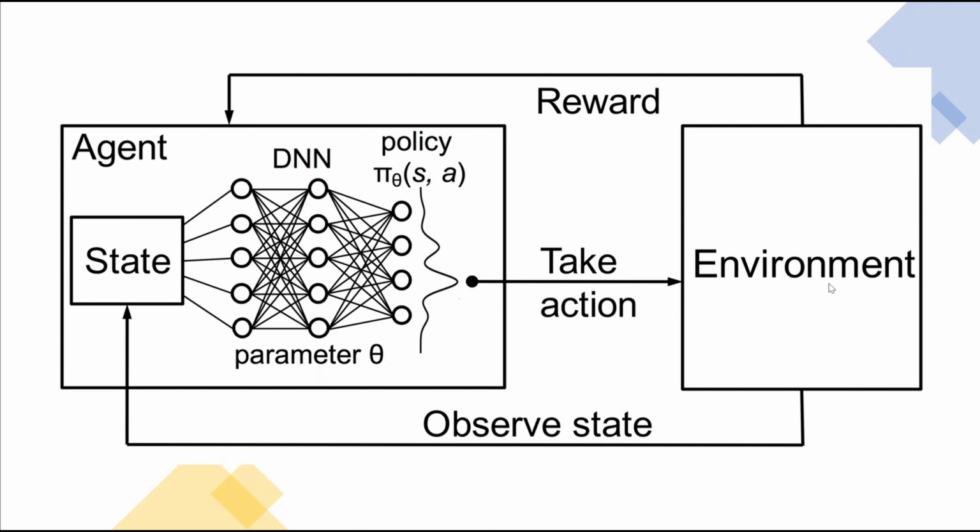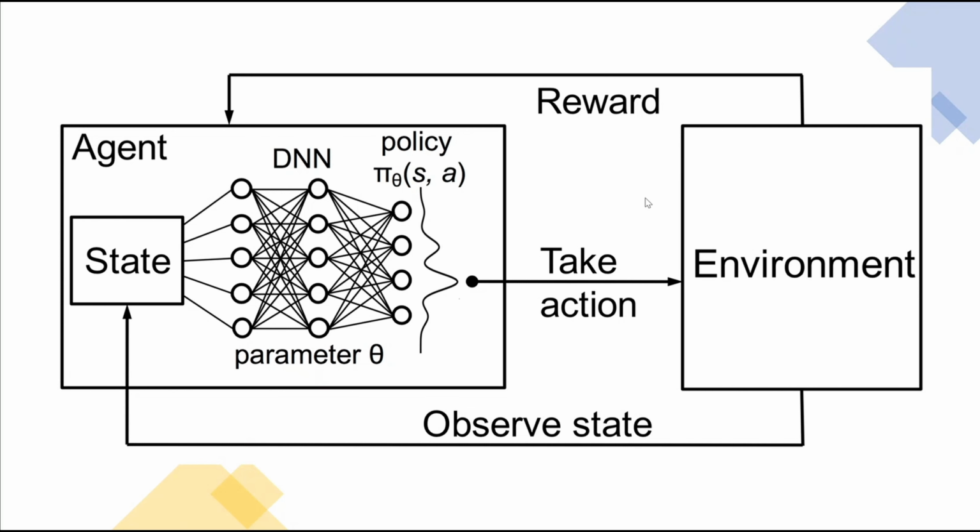This action will cause some effect on the environment by shifting the state of the environment from the current state to the next state. The effect on the environment by this action will bring the agent a reward. We call it a reward, but this value could be positive or negative. If it's negative, actually, it's a penalty, right?